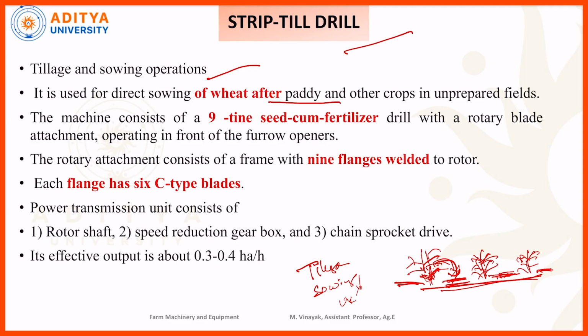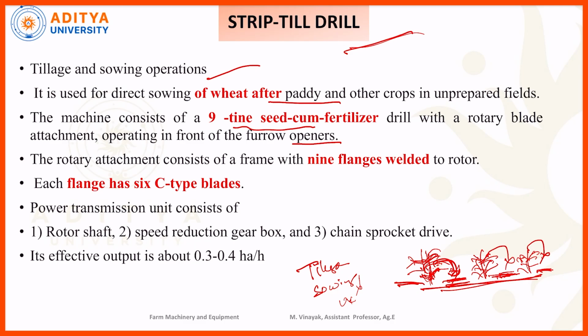The machine consists of a 9-tine seed cum fertilizer drill with a rotary blade attachment operating in front of the furrow openers. Whatever functions the zero till drill did in the previous slides, the strip till drill follows in the same manner, whereas the stubble material present over the land will be spread throughout the surface of the land.